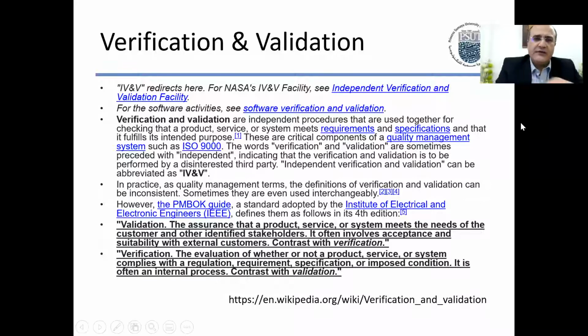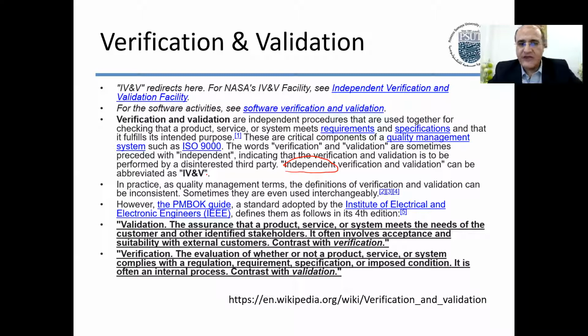Okay. V&V, verification and validation. Sometimes they like to call it IV&V, independent, because it should be done by an independent third party, not the one who put the requirements. No, I put the requirements, I put the test procedure, somebody else checks them. Okay, independent.